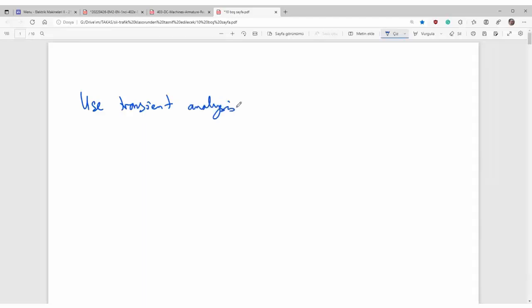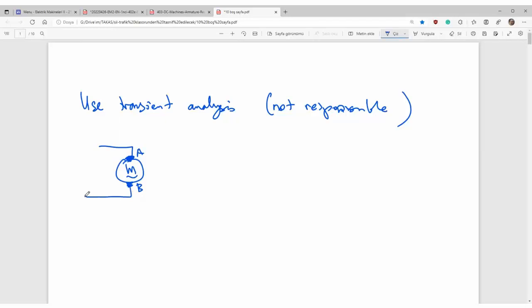You are not responsible for this. Here is a DC motor in old style. There is no excitation coil shown in the figure.